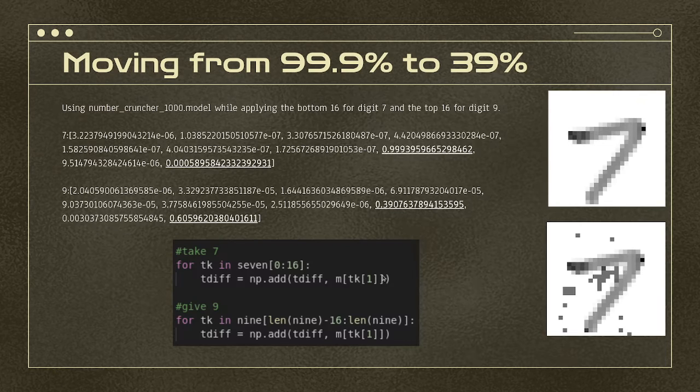Right? So if we take the bottom 16 for the 7 grouping and the top 16 for the 9 model, the bottom 7 are the ones that decrease the amount of 7ness that the predictive model will make, and the top of the 9 model will increase the amount of 9ness.